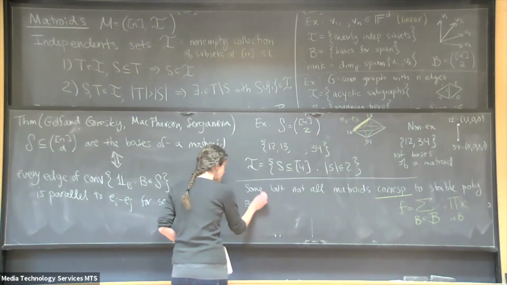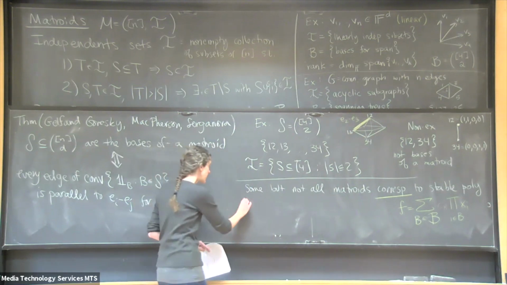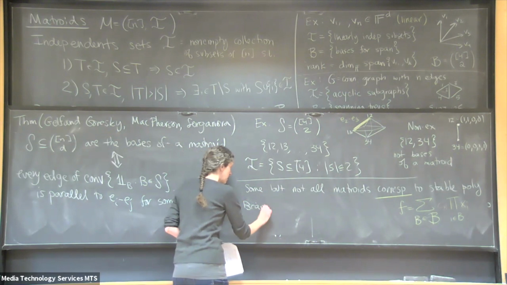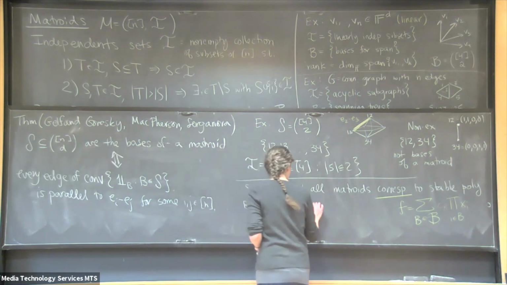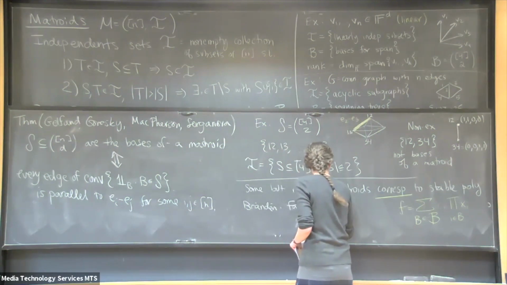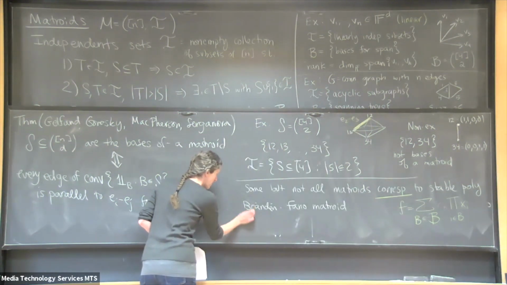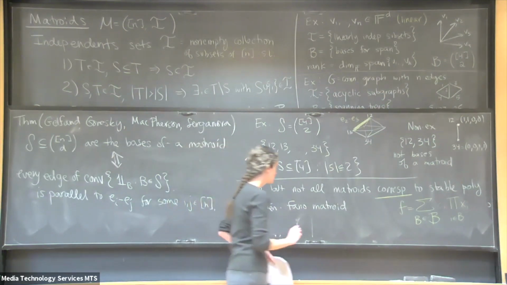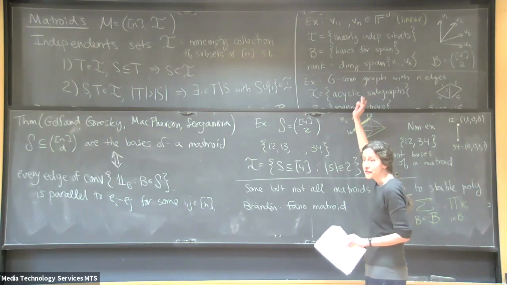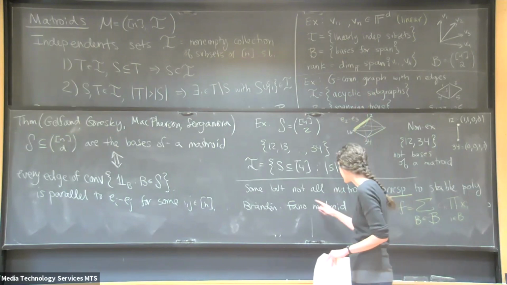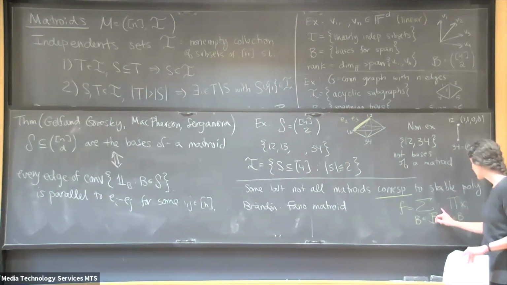But there are explicit, fairly natural examples of matroids where this fails. For example, the Fano matroid, which is linear over F2: no matter how you try, you cannot find coefficients.